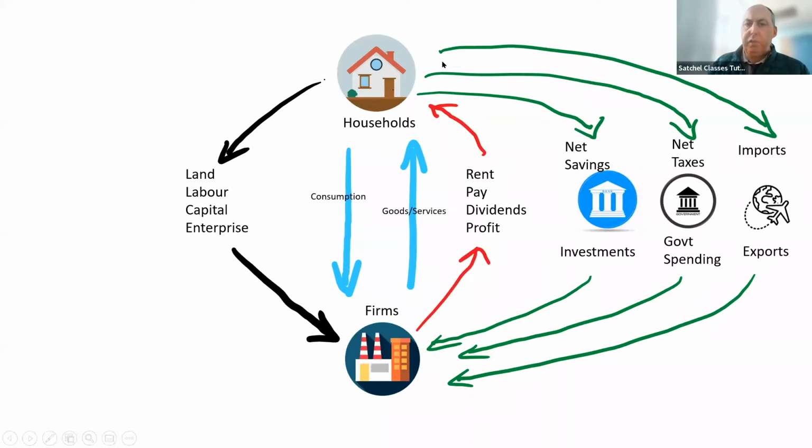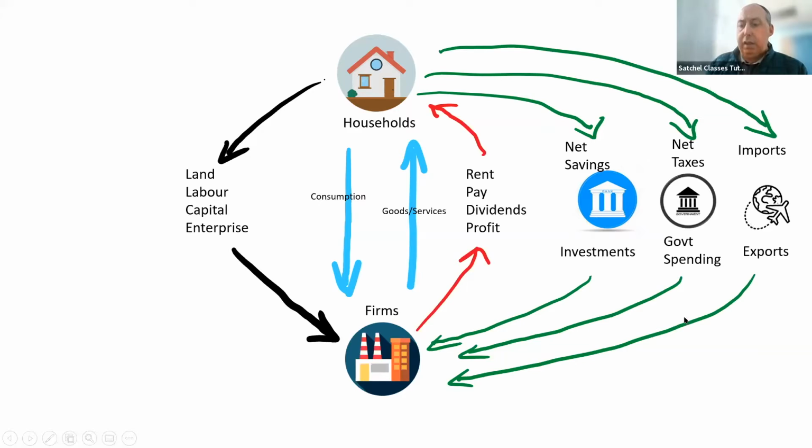So if we're importing goods from other countries, we've got to pay out of our circular flow into the other country. So, for example, if we buy trainers that are produced in Vietnam, the money for those trainers goes to Vietnam. So it comes out of our circular flow. So that would be a leakage or a withdrawal from our circular flow.